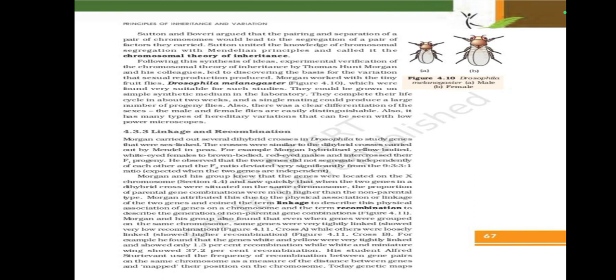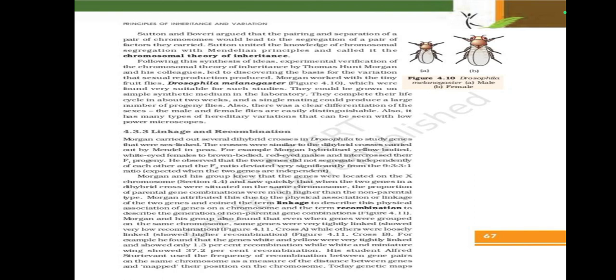Morgan and his group knew that the genes were located on the X chromosome, section 4.4, and saw quickly that when the two genes in a hybrid cross were situated on the same chromosome, the proportion of parental gene combinations was much higher than the non-parental type.